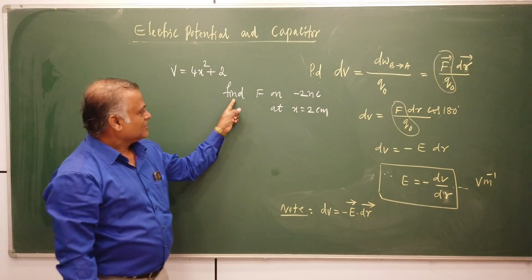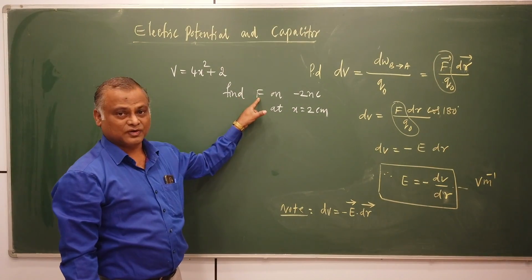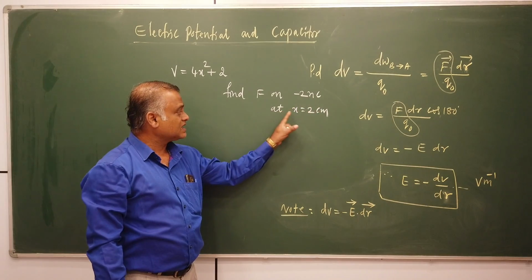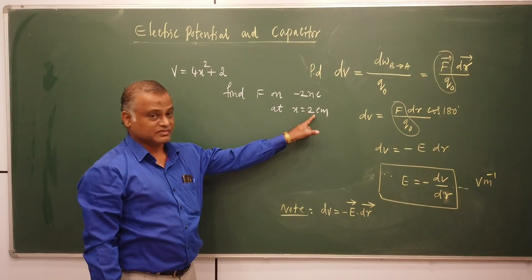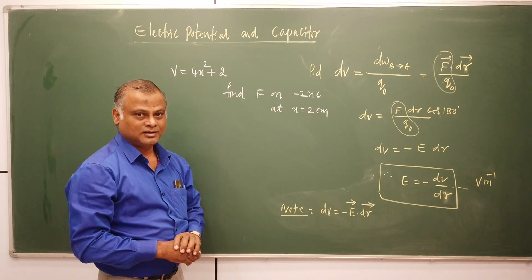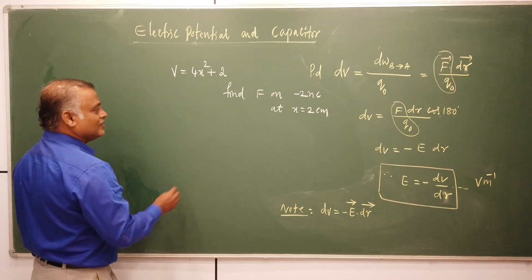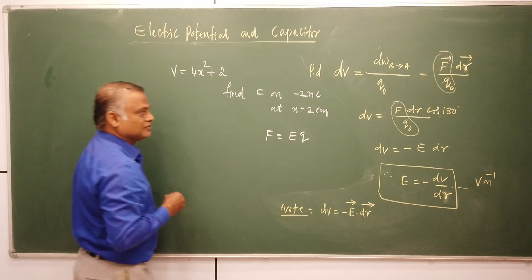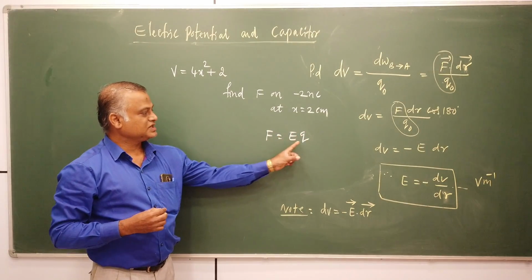They are asking what will be the electric force on minus 2 nanocoulomb placed at a distance x equal to 2 centimeter. Can you pause and answer? So here force is what? E into Q. Force is E into Q.